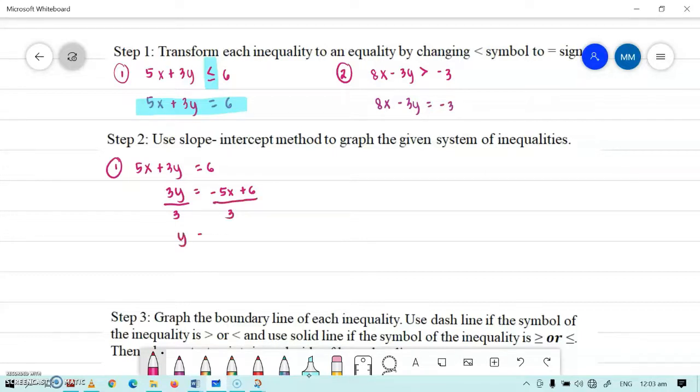So y is equal to negative 5x over 3 plus 6 divided by 3 is 2. So now we can already identify right away our slope. Our slope for the first equation is negative 5/3 and our y-intercept is 2.